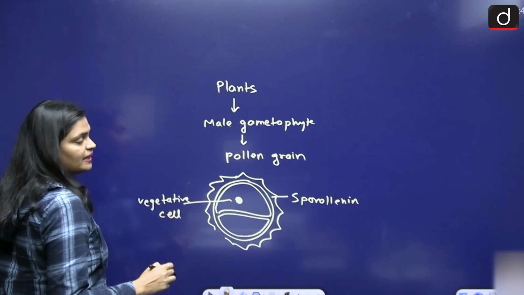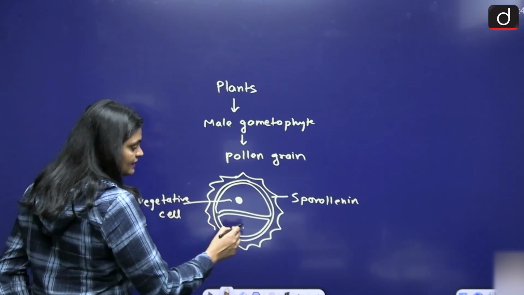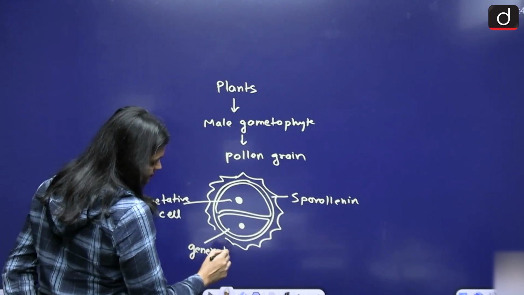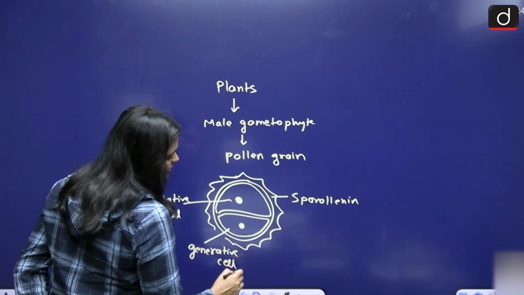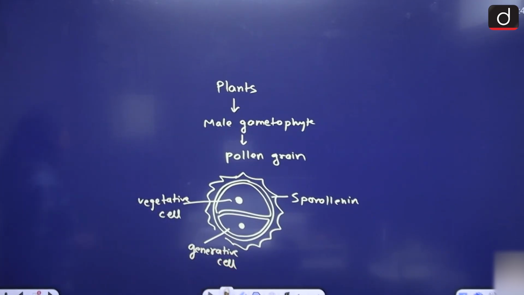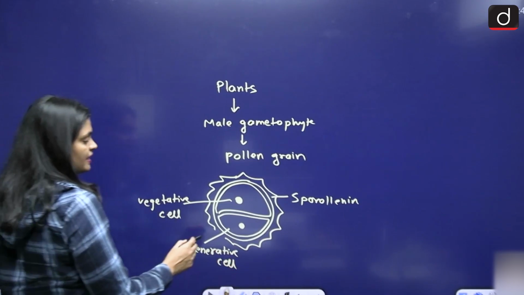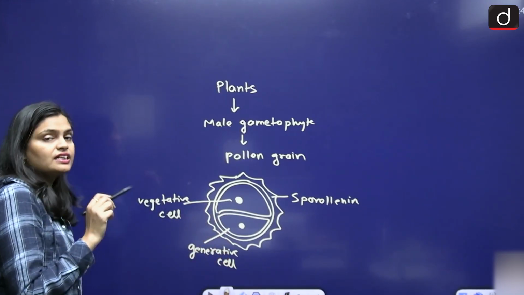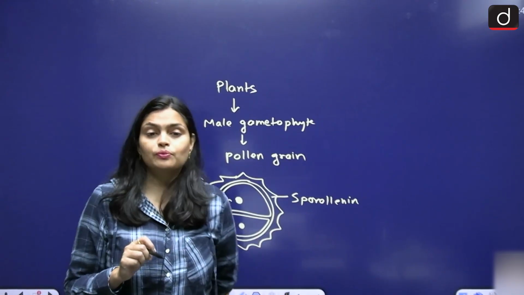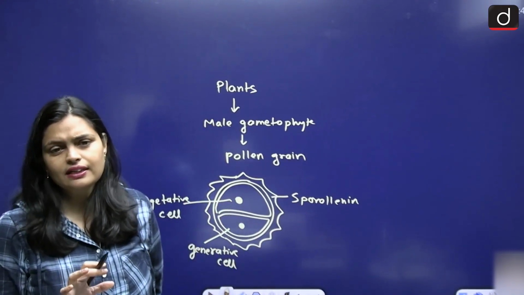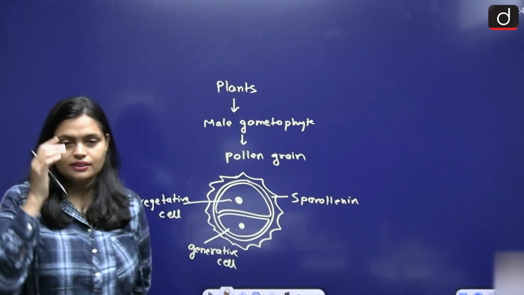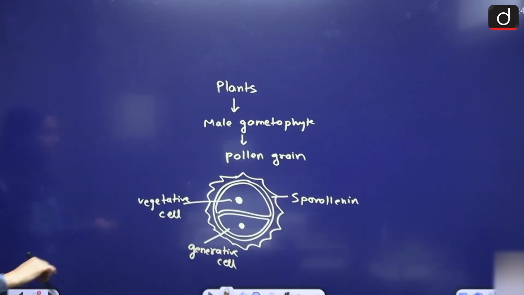This is the vegetative cell of the pollen grain, and this is your generative cell within the pollen grain. Now the vegetative cell is used to provide nutrition. Basically, food is stored here. Whatever food is stored is all in the vegetative cell of the pollen grain.